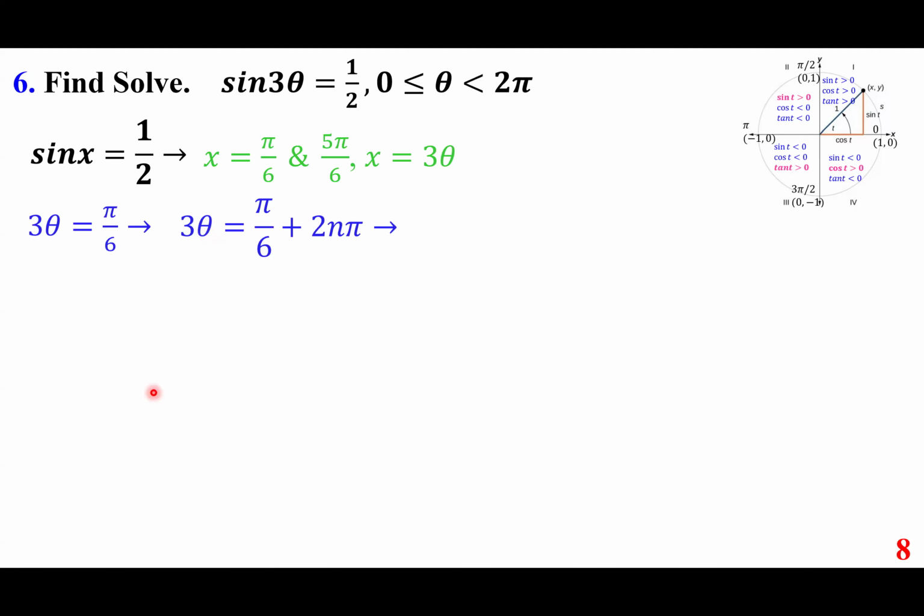To solve for theta, we're going to divide everything by 3, right? So we get theta equals pi over 18 plus 2n pi over 3. Also, 3 theta equals 5 pi over 6.